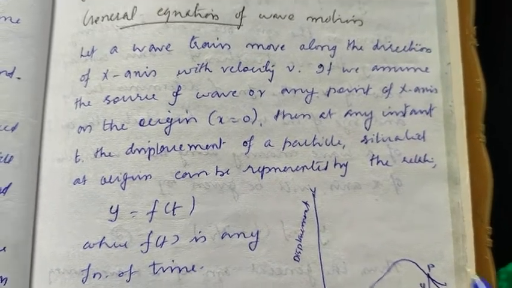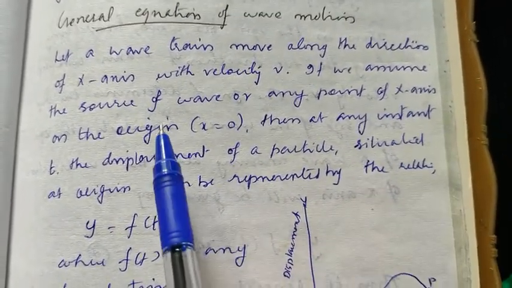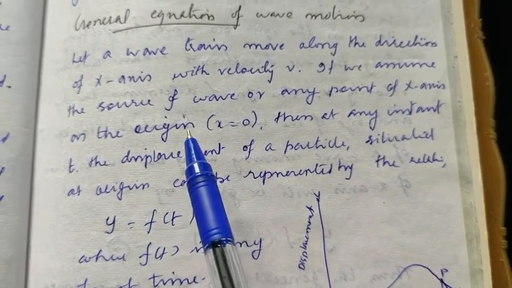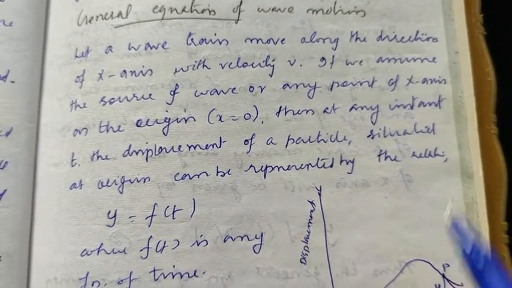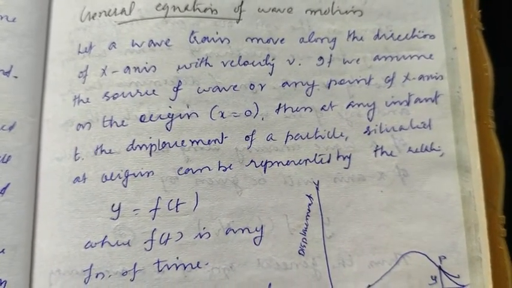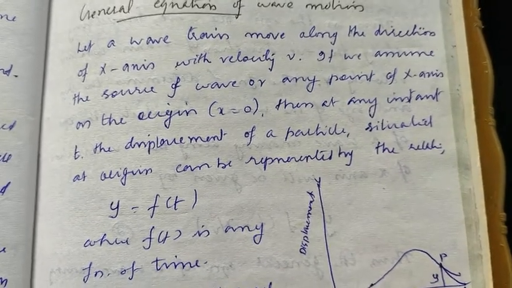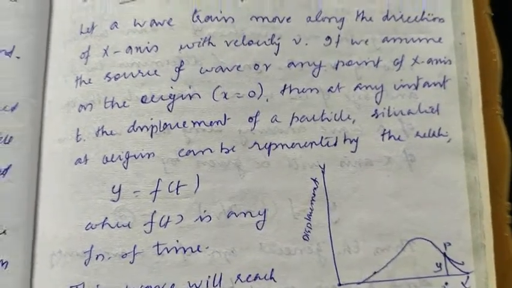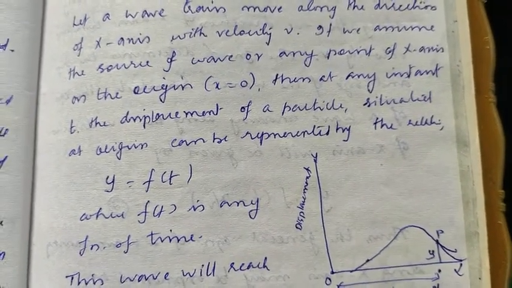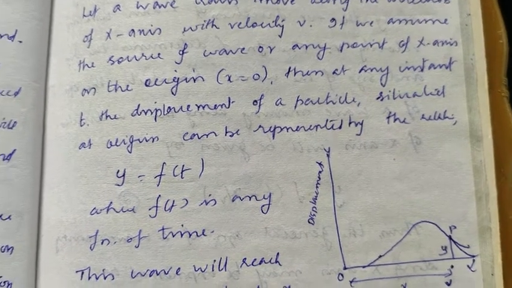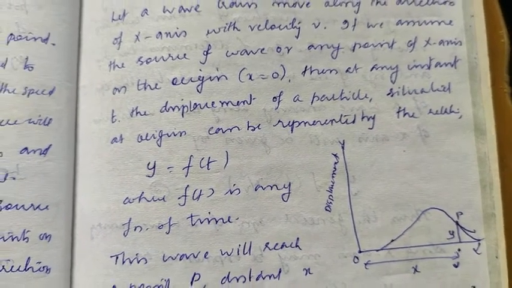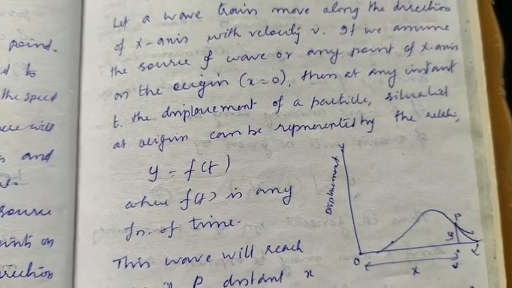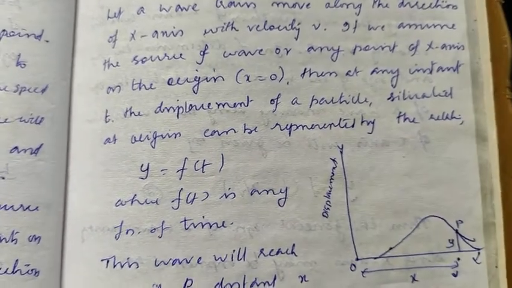If we assume the source of the wave, or any point on the x-axis, as the origin, x equal to 0, suppose the origin of the wave is the point O. That is, if we are throwing a stone into a pond, the point where the stone is thrown is the source or the origin of the wave produced on the water surface.